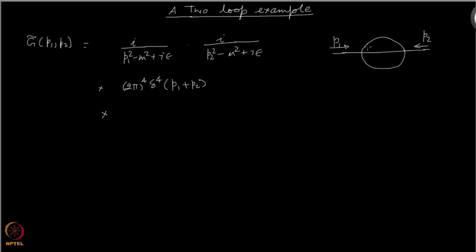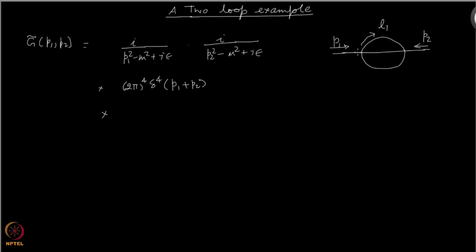momenta which will be integrated over. So let's call this one L1. P1 comes in, L1 goes out, but these two are still not fully determined by the momentum conservation that happens at this vertex.